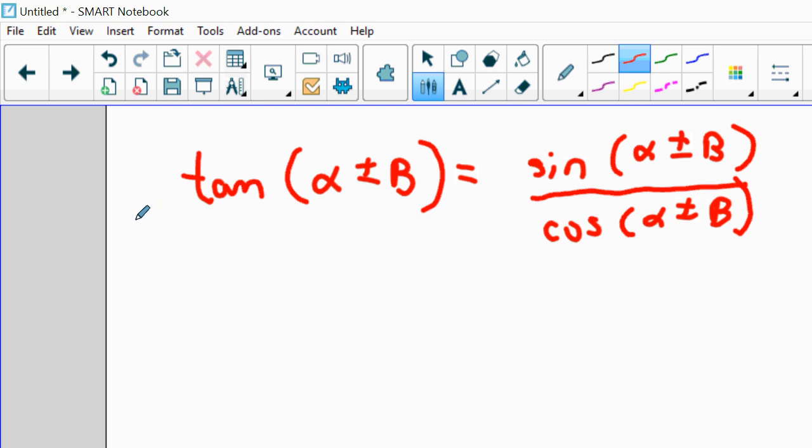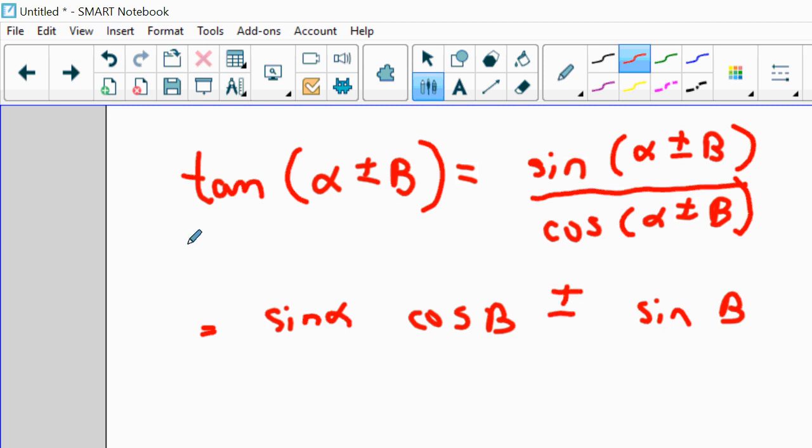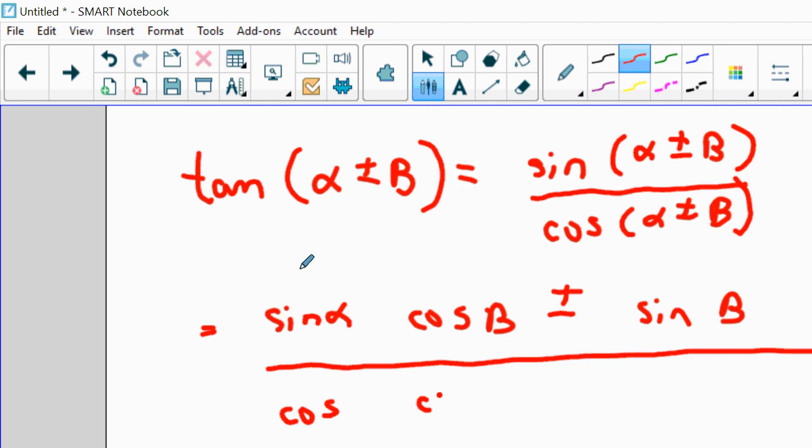And then we could go sin, cos, alpha, beta, alpha, plus goes with plus, minus goes with minus, all over cos, sin, alpha, beta, minus or plus, beta, alpha.